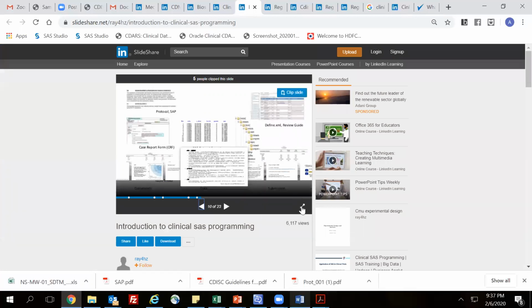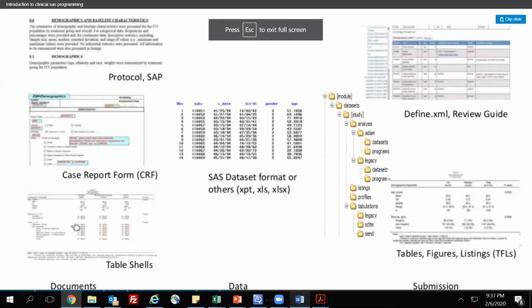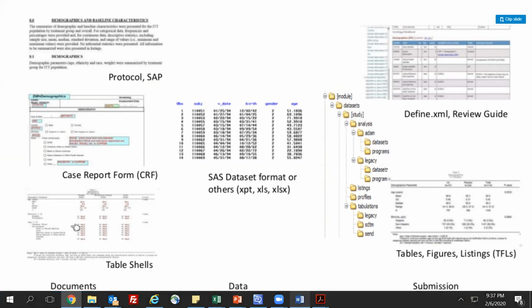Then another form is tables. Tables give the counts, representing the information in the form of a table, or in the form of graphs, bar graphs or charts.